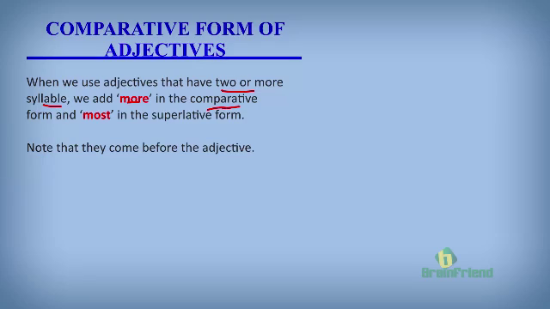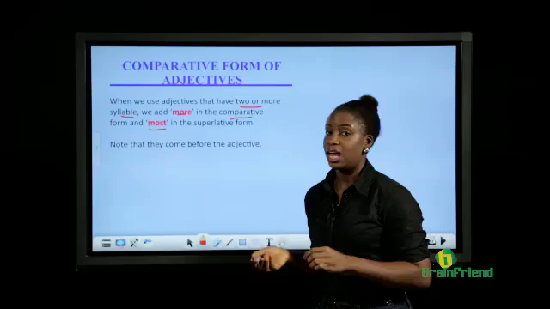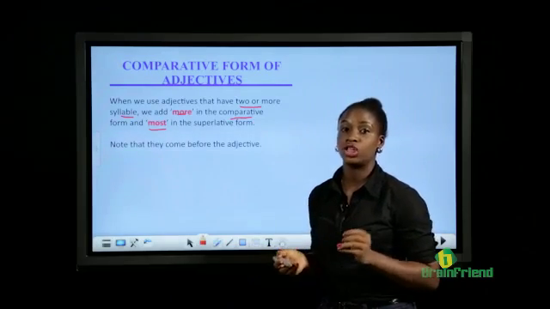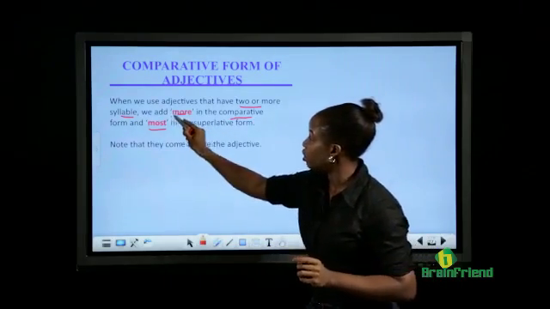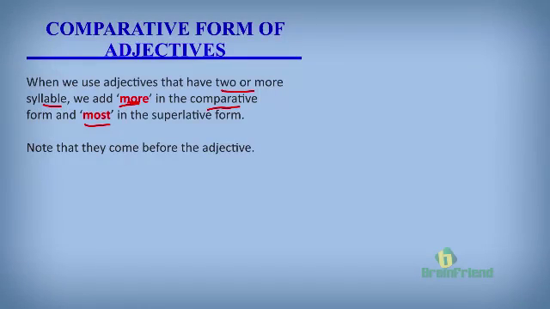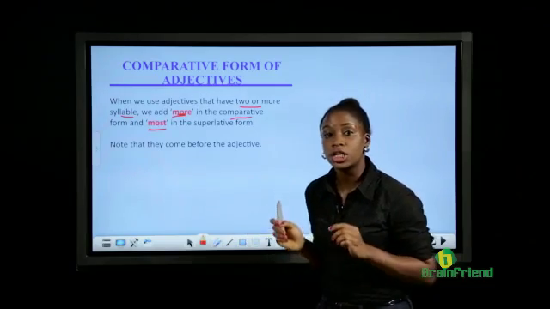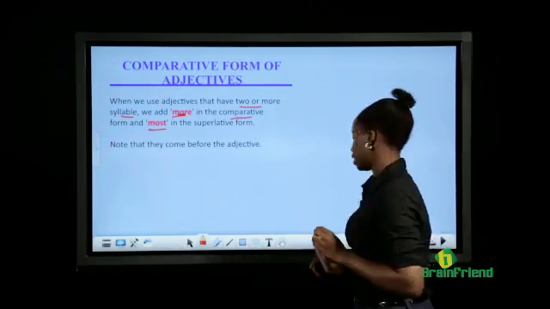And for the superlative, we add most to the word. We do not add ER or EST. And also, the word does not change. We just add these words, more for the comparative and most for the superlative. And they must come before the adjective.